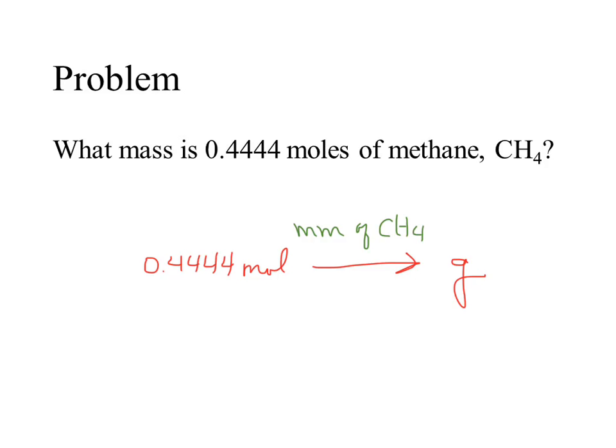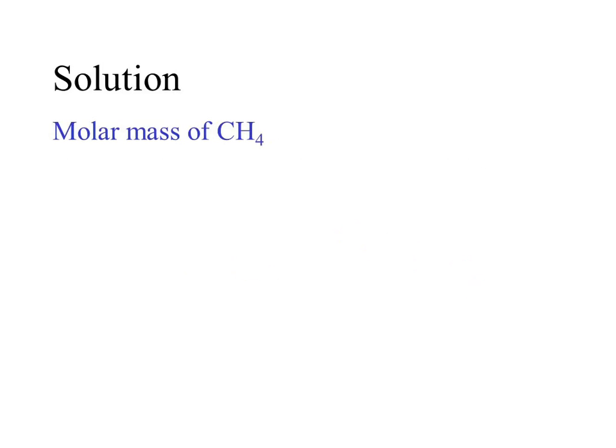If I write it stepwise, we've got to do the molar mass first and then apply it. It's like a physical property of methane. Our first term is going to be 0.4444 moles over 1. Here's the molar mass of methane: we take 1 times the mass of carbon, 12.01, plus 4 times the molar mass of hydrogen, 1.008.